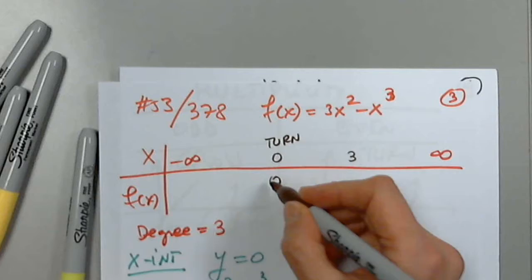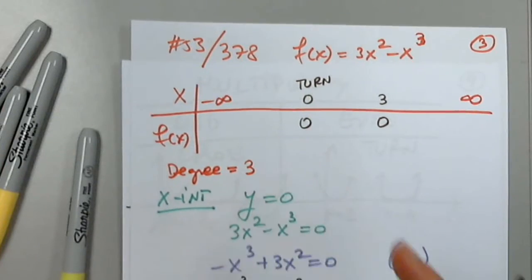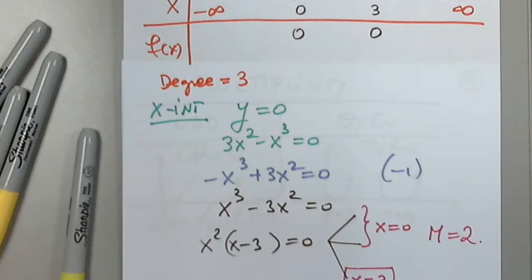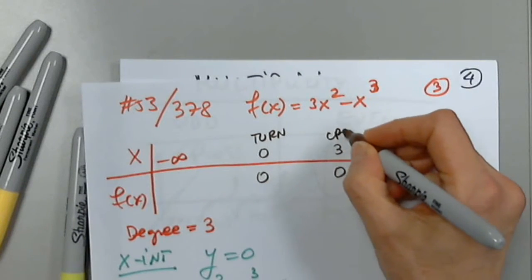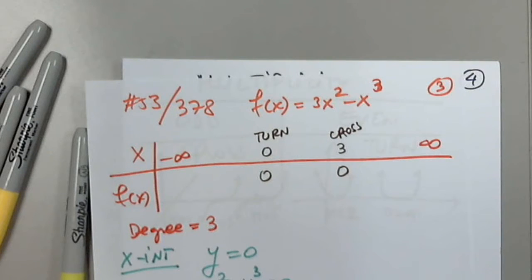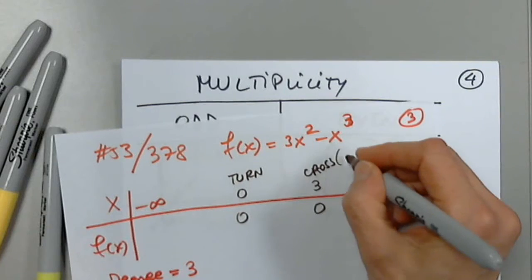Of course, this is 0 and this is 0 because the y is 0 for both. What do I write on top of 3 comma 0? Do I write a cross or do I write a turn? Cross. Is it a slow cross or a regular cross? Since it's multiplicity 1, it's a regular cross. It does not take its time. It's fast. Okay, so I'm going to put in parentheses fast.